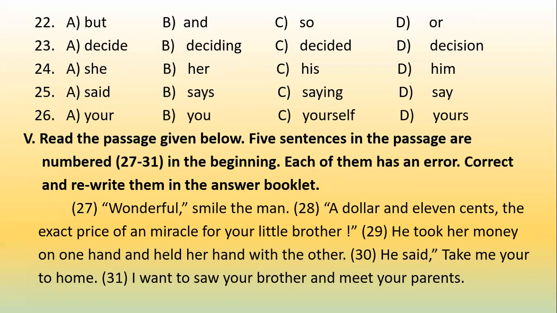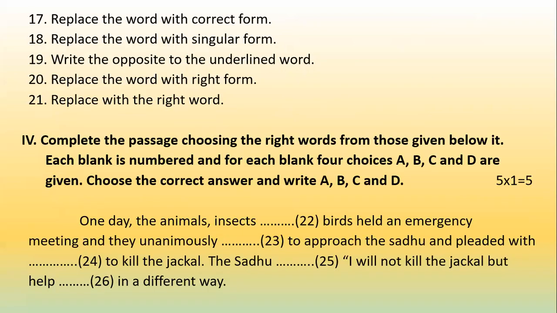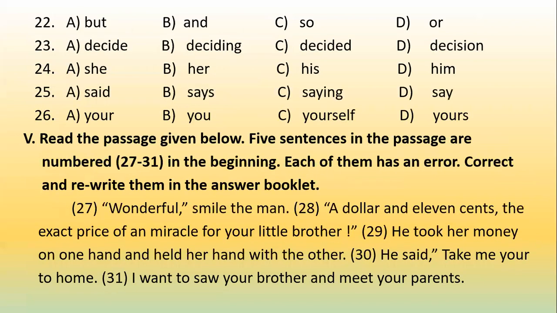So 24, B. Now, to kill the jackal, the sadhu, okay, let us see the options: said, says, saying, say. So what will be your option? Past tense word, said. So 25, your answer is the one with "said".